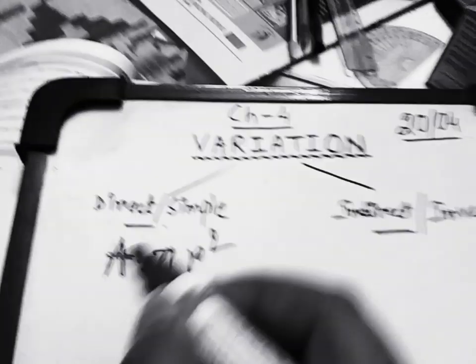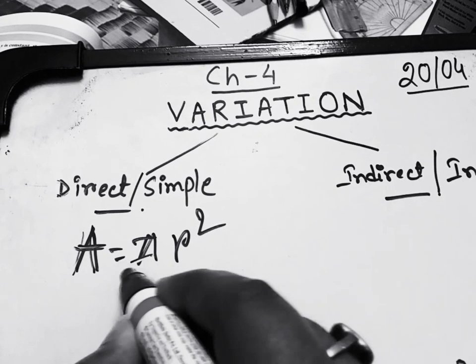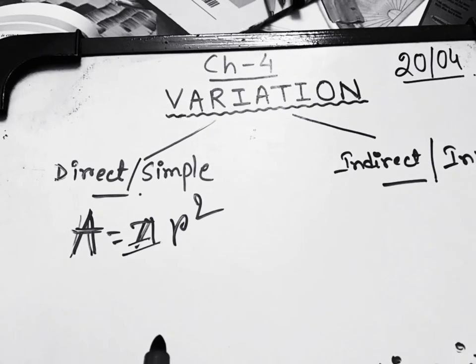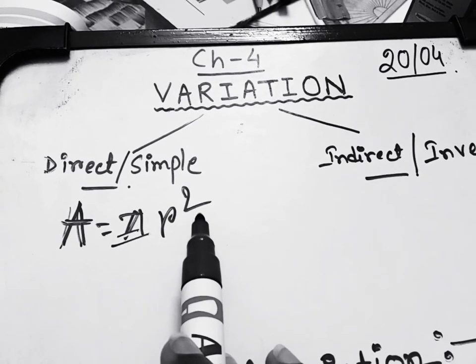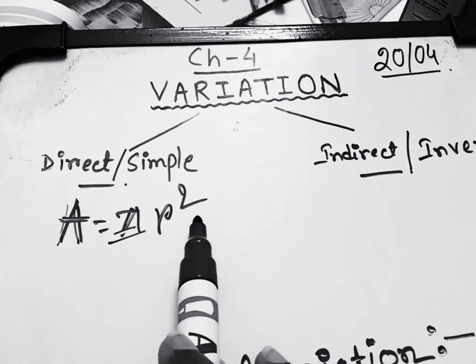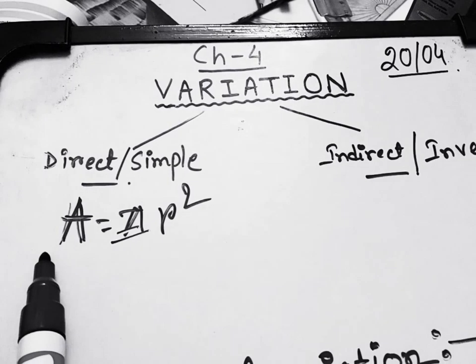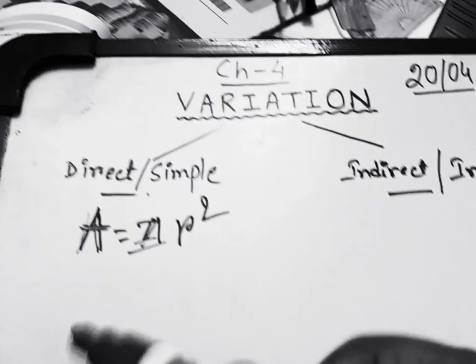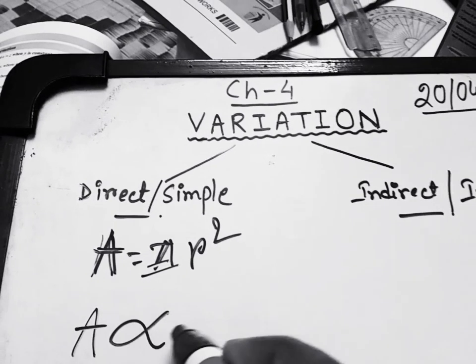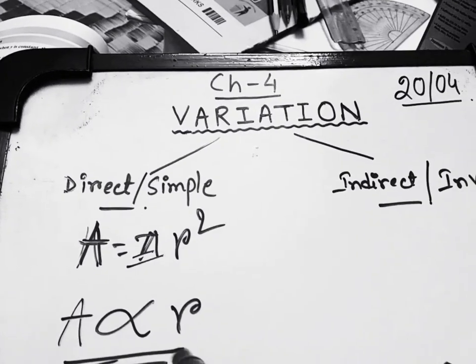Pi is a constant term, right? So if we compare A with r square, if the value of r increases, the value of A also increases. If the value of r decreases, then the value of A also decreases. So A is directly proportional to r square, and we write it like this.